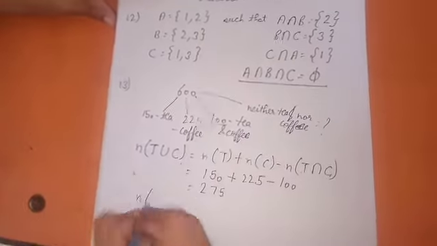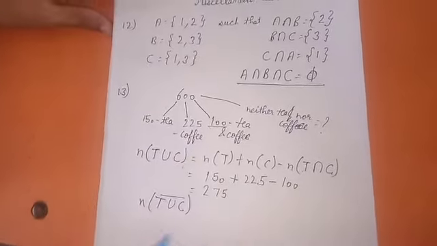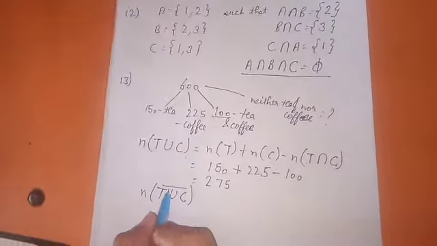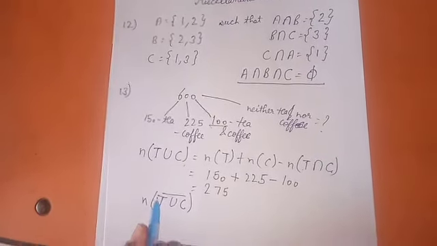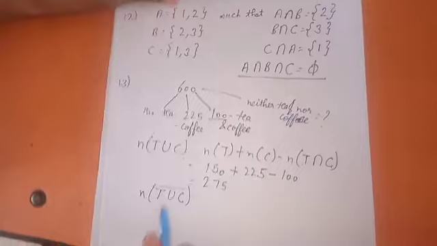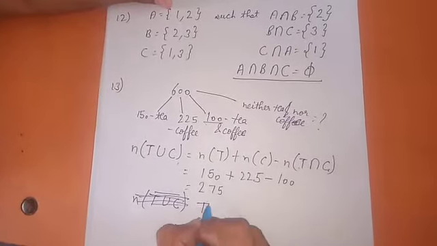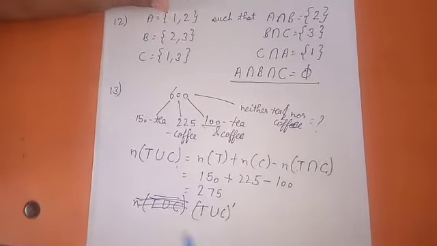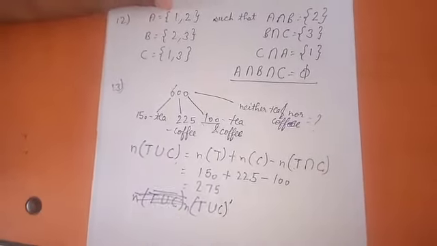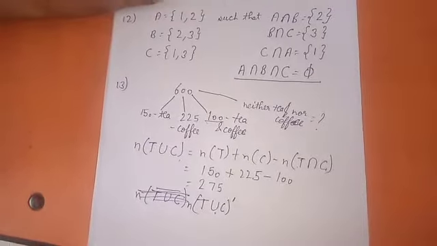So what we are going to find? Sorry, we are going to write n of (T union C) dash. Dash means the elements that are not in the set but in our universal set.